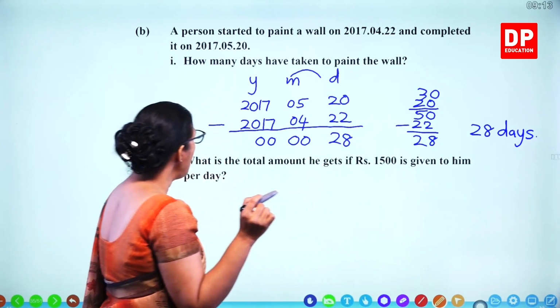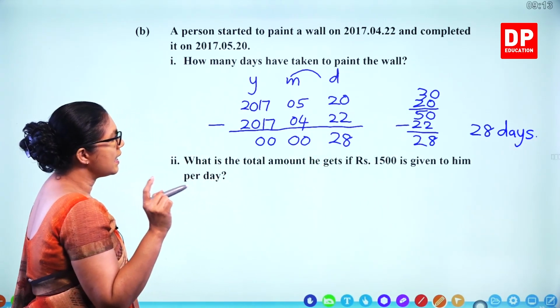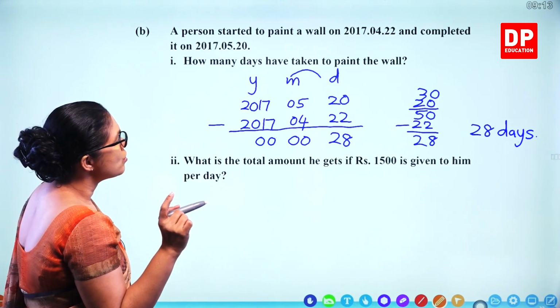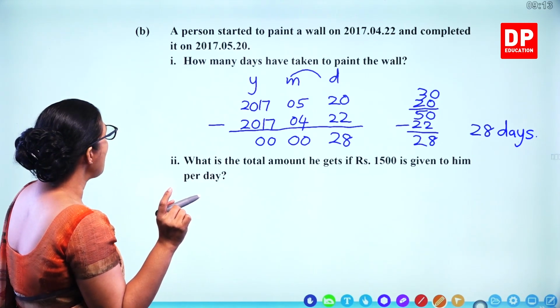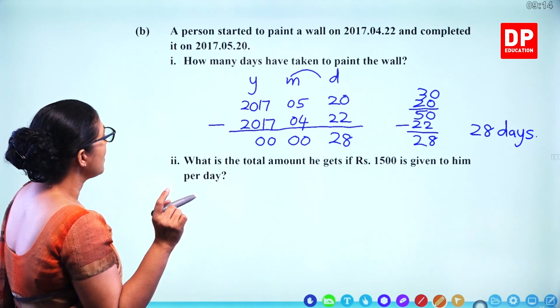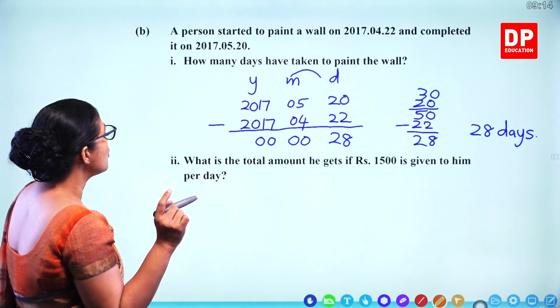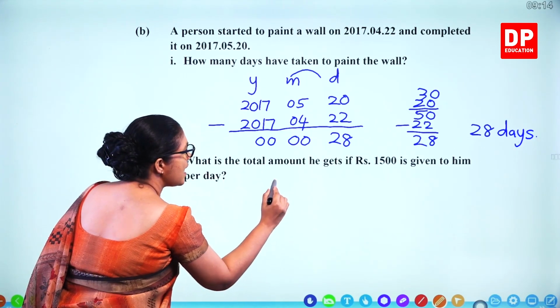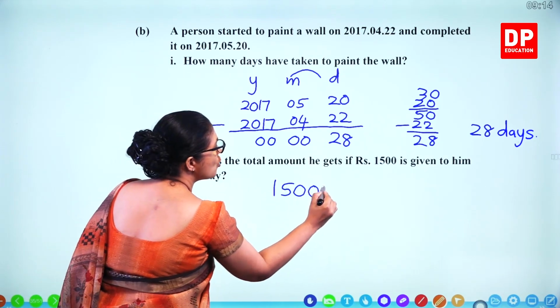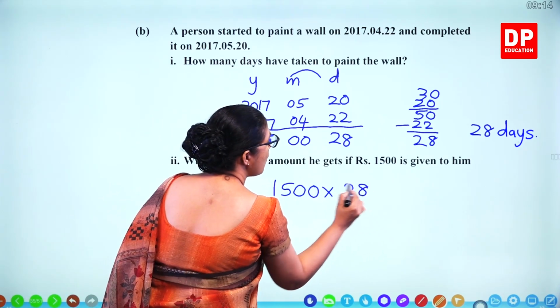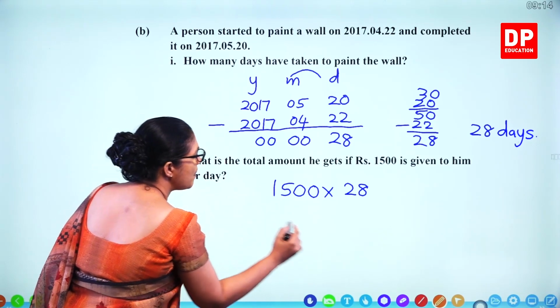And the next one, what is the total amount he gets if 1500 is given to him per day? 1500 is given to him. So 28 days, each with 1500 rupees. So multiply.